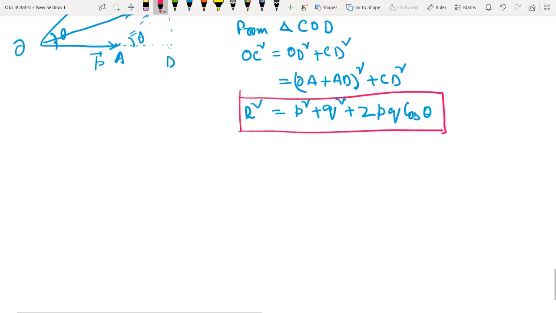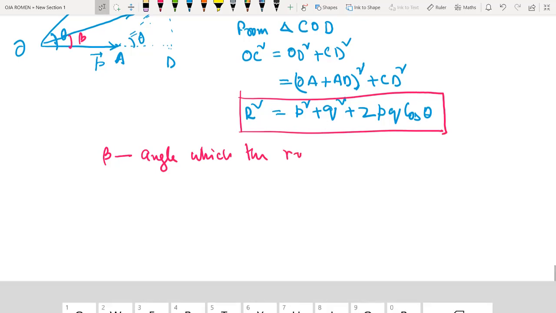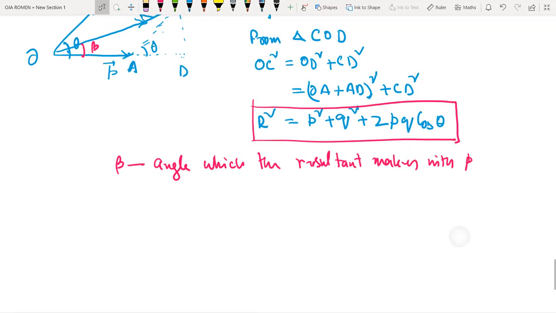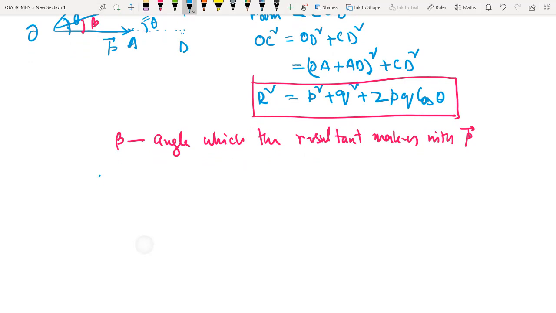Now beta is the angle which the resultant makes with P. Then tan beta.